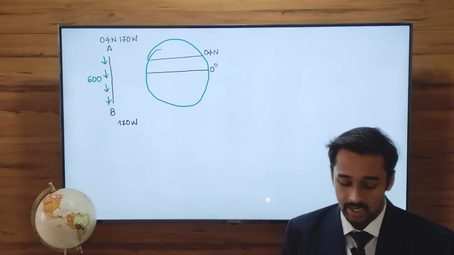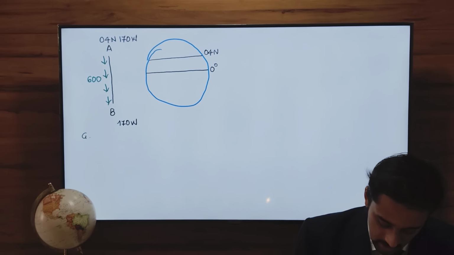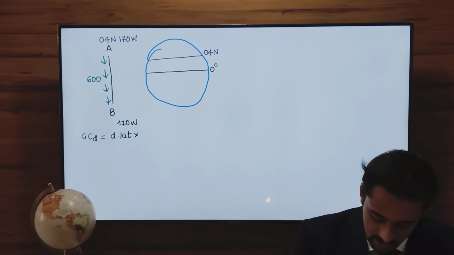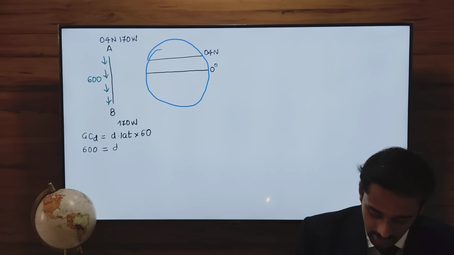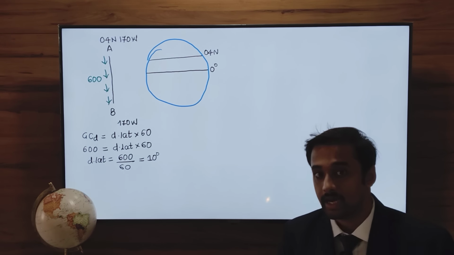Now let's see what will be the D lat. So the great circle formula is great circle distance equal to D lat into 60. So distance is 600 miles, D lat I do not know, into 60. So D lat will be equal to 600 divided by 60, which is equal to 10°. So that means the difference between two latitudes is 10°.